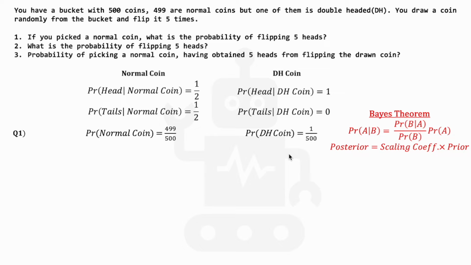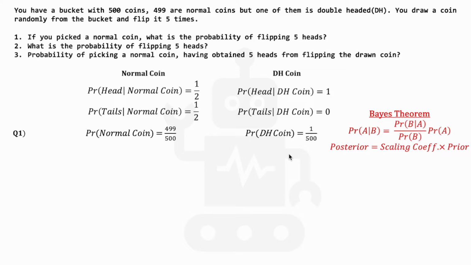Therefore, the probability of flipping a heads given that you have a double-headed coin is just 1 because you'll always get it. And the probability of getting tails with the double-headed coin is obviously 0.